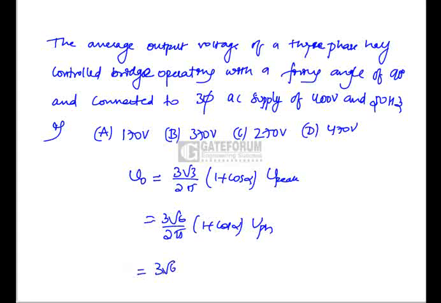With firing angle 90 degrees, this is 1 plus cos 90, and V phase is 400 by root 3. You will get option C, which is 270 volts.